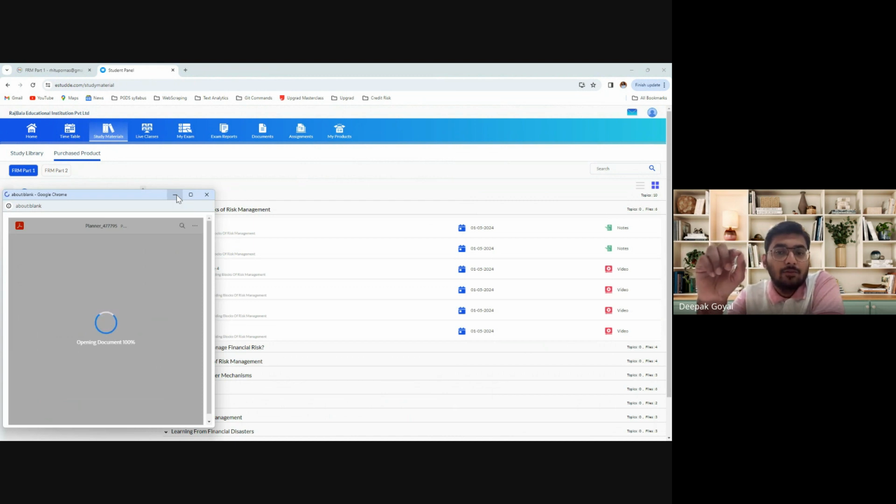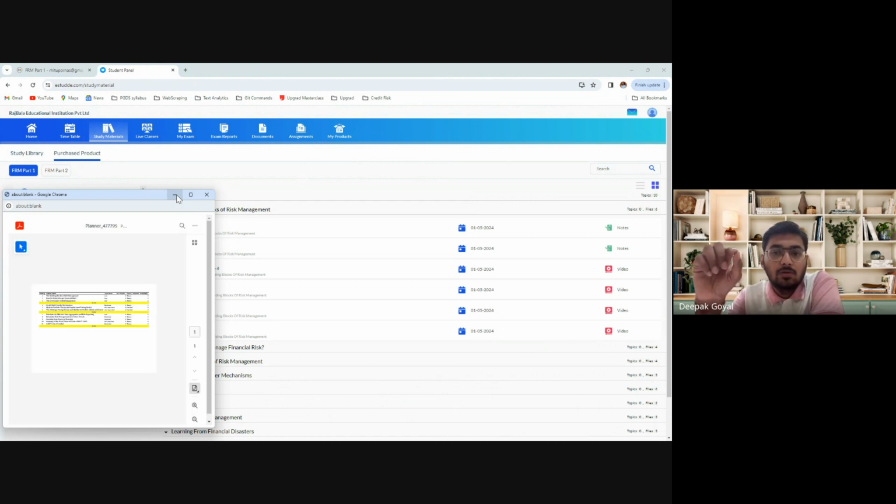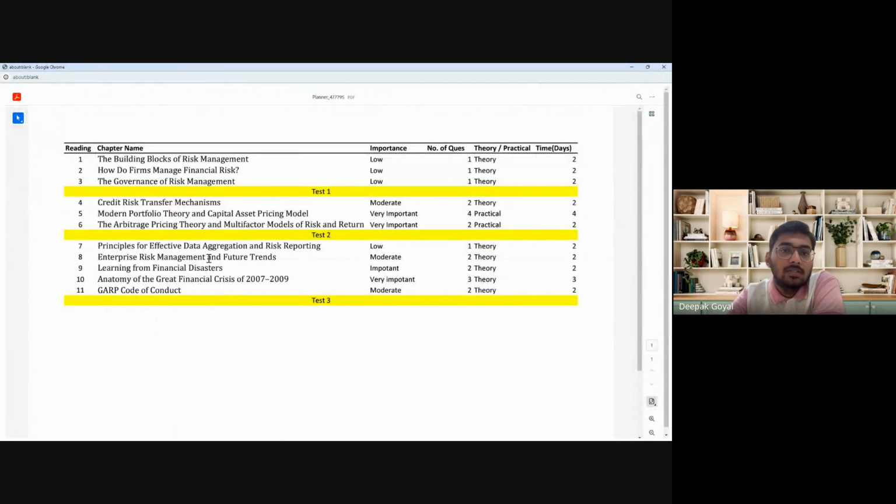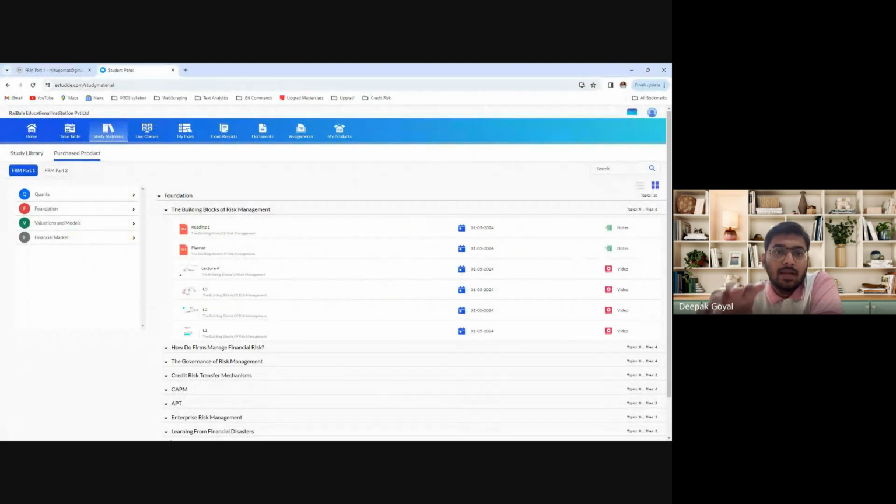Okay. Apart from that, all the notes and ebooks are added to the Google Drive link shared with you. Now on the screen, you can see a basic planner is given over here, which you have to follow. Clear? Apart from that, in between the lectures as well, we have added some notes. Just like in the first chapter, you see Reading 1, that is the notes.